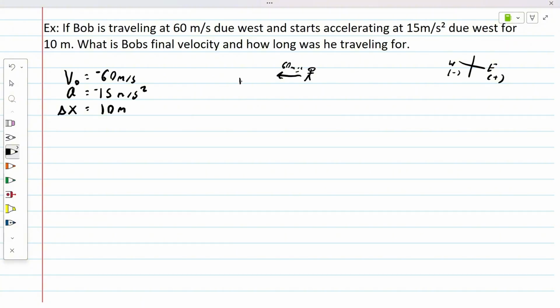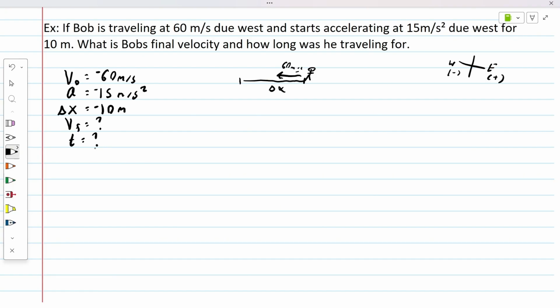This change in x that he travels is also going to be in that direction. So we will also have to use a negative sign here to denote that. And so we want to know what is the final velocity and what is the time, how long was he traveling for. Alright, so this is what we're given. What equations can we use to start solving this?